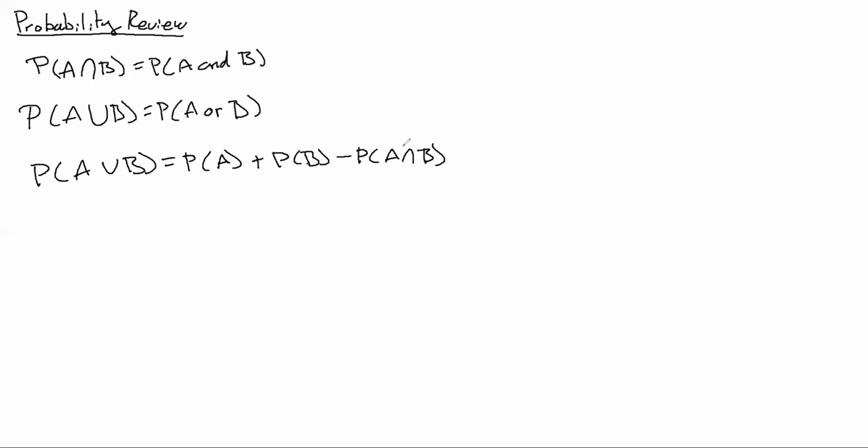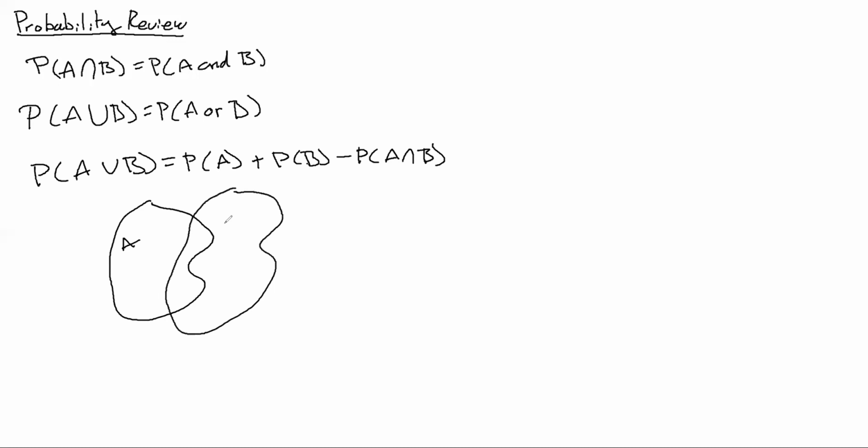Why do we take out the probability of A and B when we're adding these two together? Because say this is event A happening, and this is event B happening. If we add up all of A, and then add the probability of B, you add the middle, the intersection, twice.